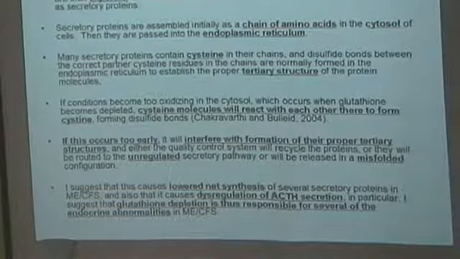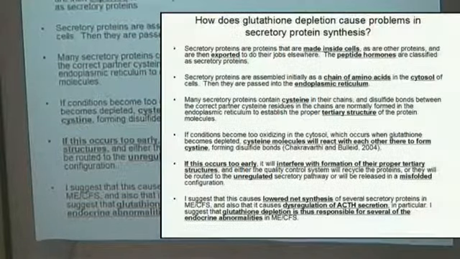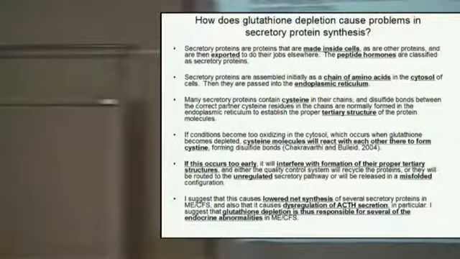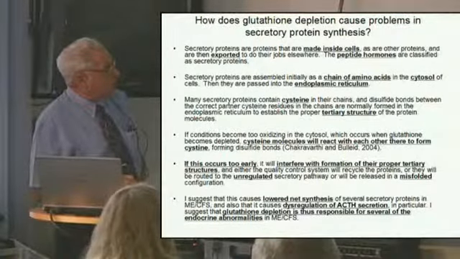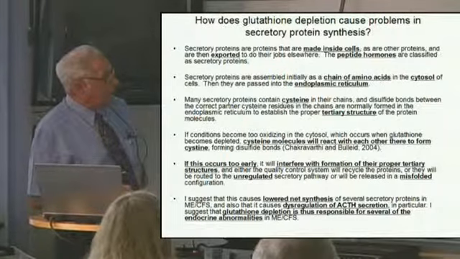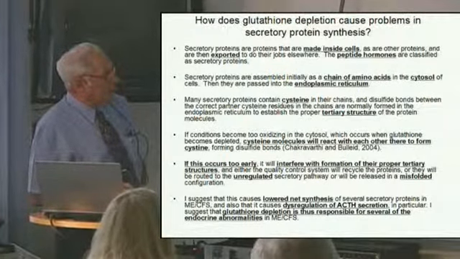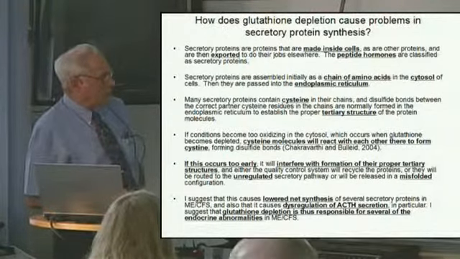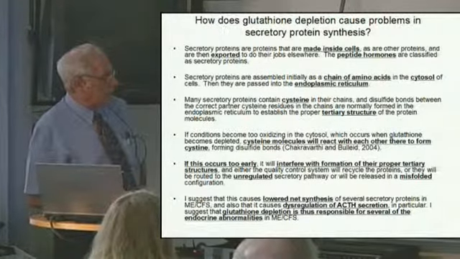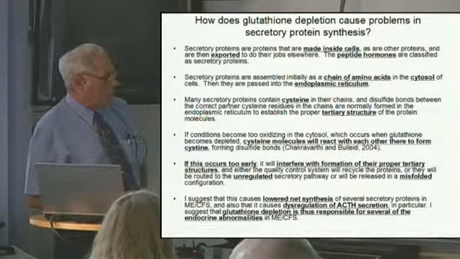So what happens when glutathione is depleted? I already talked about this export to the outside. They form the chain of amino acids, and they go into the endoplasmic reticulum. There's the cysteine, and then they form disulfide bonds to give you the tertiary structure. Now, if it becomes too oxidizing, the cysteines will react with each other too early, and you can't make the right structure of the molecule.